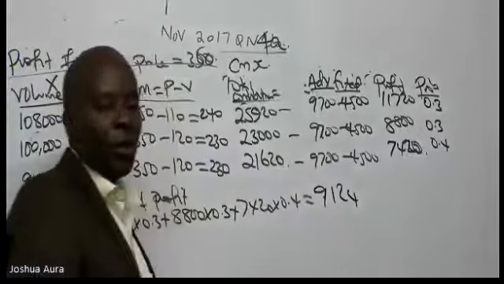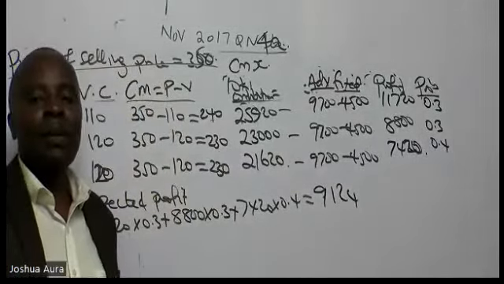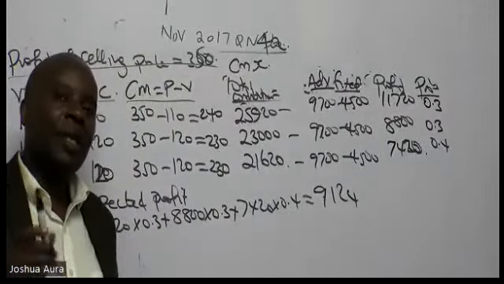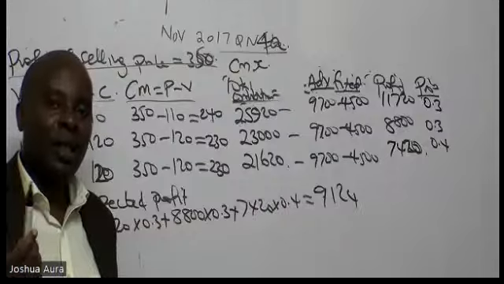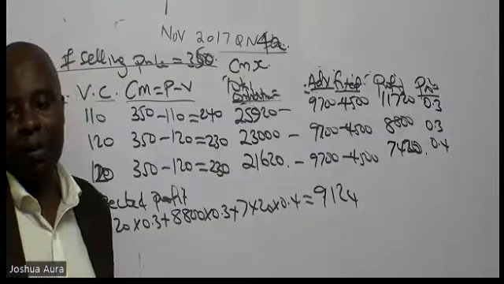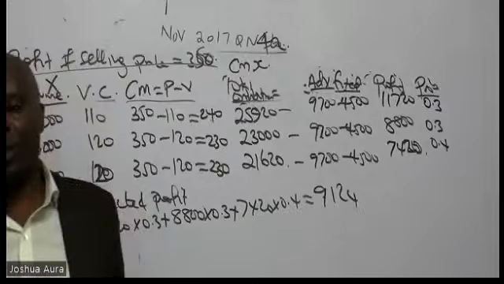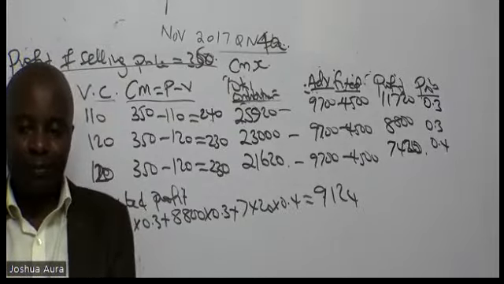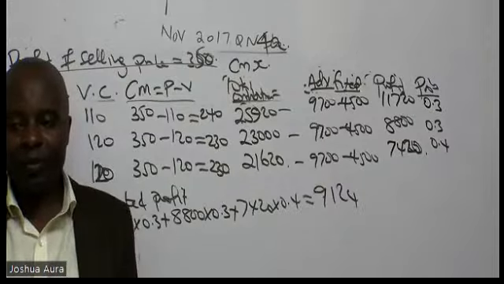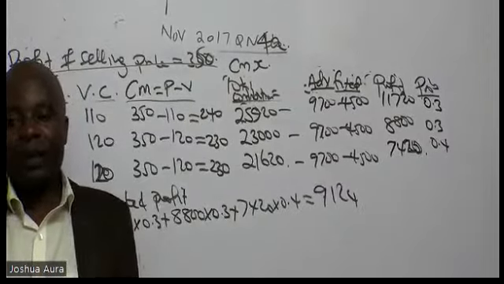Thank you so much. So of course, the examiner wants you to advise them in terms of the price to select. The price to select here should be the one that yields a higher profit. So in between the two, you compare which price gives us a higher profit. I'm being told 350.